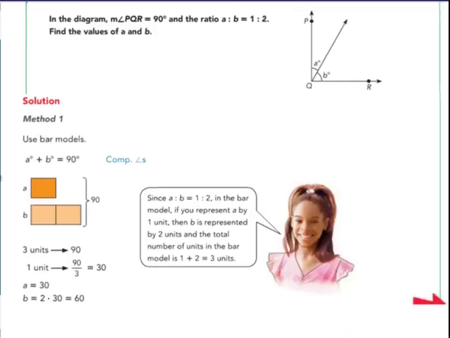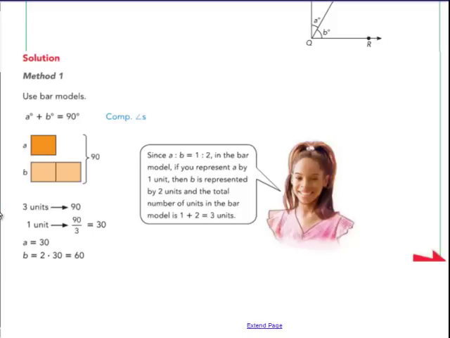So in the bar model way, as you can see that they've done here, using a bar model, A plus B has to equal 90. B is twice of A, so they use two little bars to measure for B, one for A. So 3 units, as you can see, 3 little rectangles here, is 90. To find 1 unit, divide by 3, you get A is 30, and B would be 60.